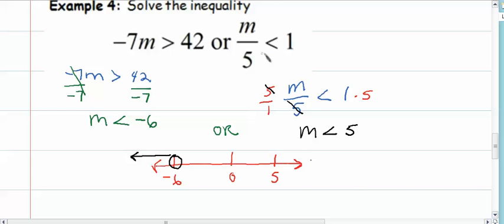And then we're going to go over here at 5. It's going to be an open circle because there's no line on it, and then it says m is smaller than 5, and it's going to go in that direction.